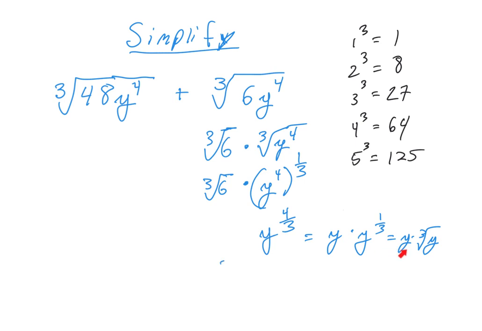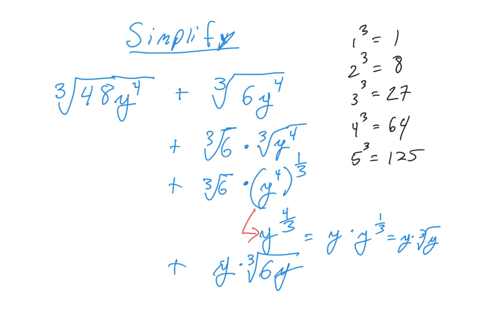The only thing that came out of the cube root was the y. So I'm going to have a y right there. Y times the cube root of, I still have the 6 under the cube root, and I have one of the y's under the cube root. Plus, plus, plus, all the way down. This here is more like a sub-step. So I'm not going to put a plus there. It's like a sub-step just explaining where that number came from, or that part of the term.